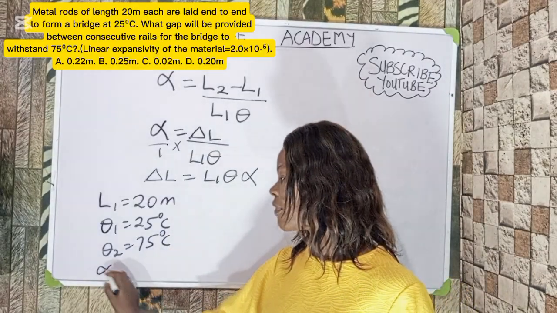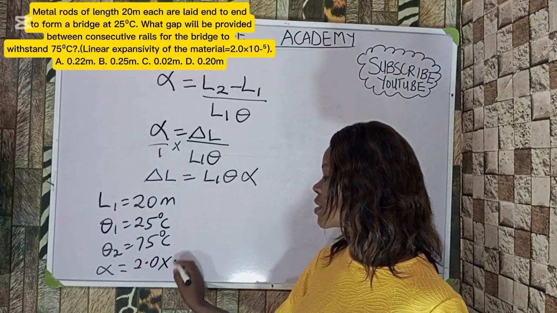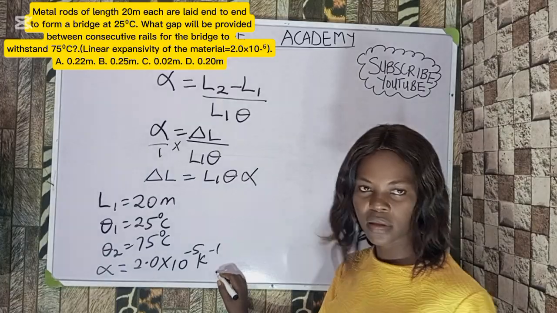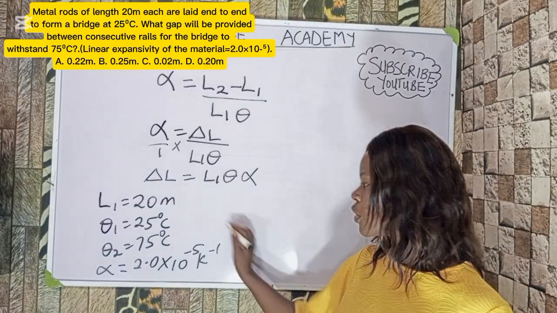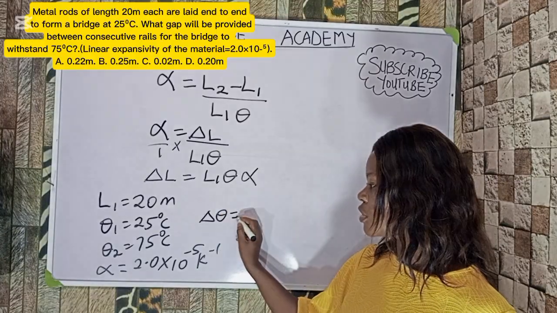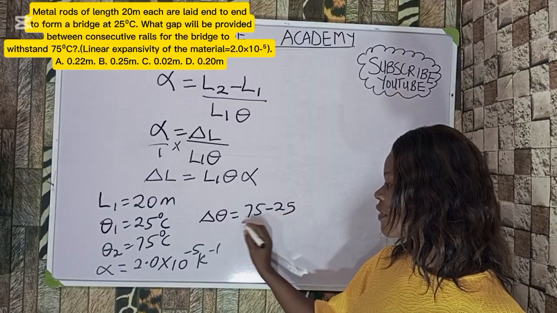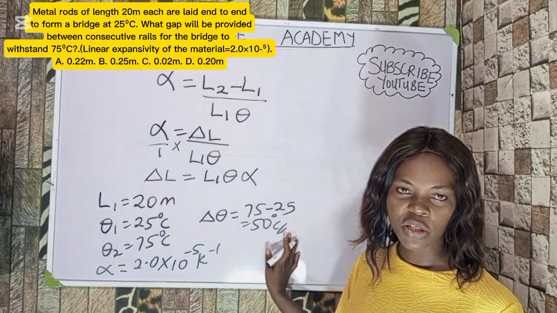And we're given alpha as 2.0 times 10 to the power of minus 5 per Kelvin. Now we can get the change in temperature, delta theta, which is 75 minus 25, giving 50 degrees Celsius as my change in temperature.